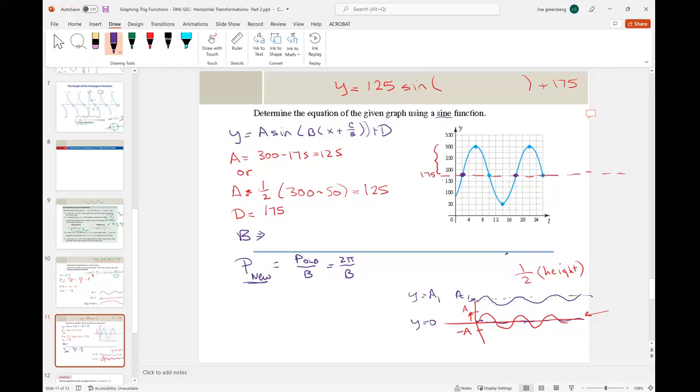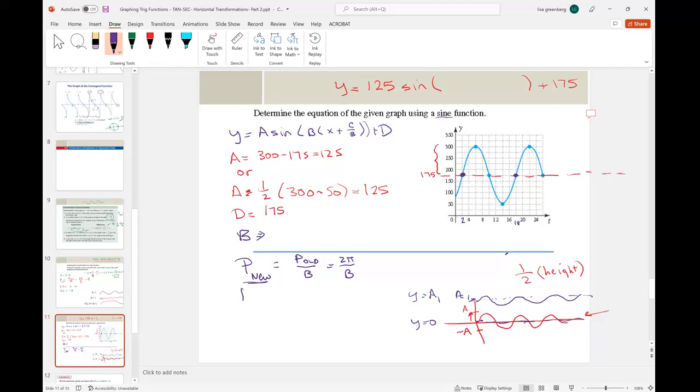So what is it? It's not 8. This point here has a value of 2, and this value is 18. So what would be the new period? Oh, I went too short. Yes, it's 16.